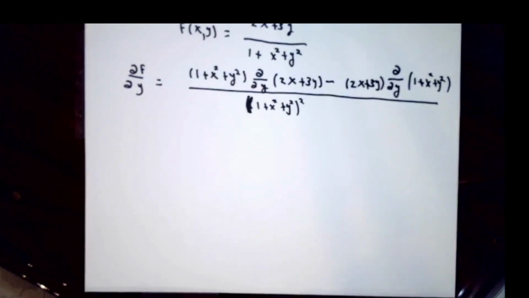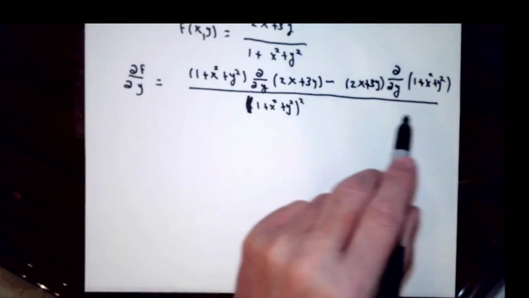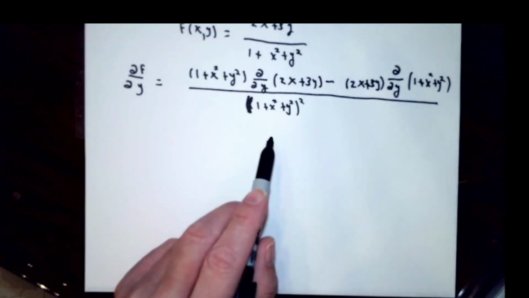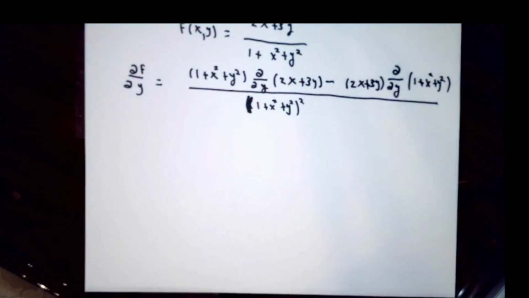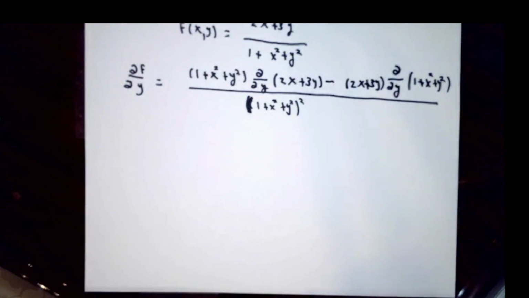To find the partial derivative of f with respect to y, I do practically the same thing. I have to use the quotient rule again, so it's bottom times the derivative of the top minus top times derivative of the bottom divided by bottom squared, except that the context has changed now. When I say derivative up here in the top, I mean I'm going to think of y as the variable and x as being a constant.